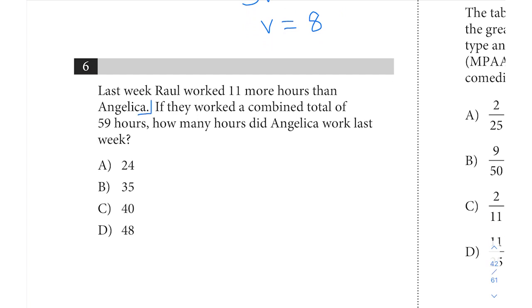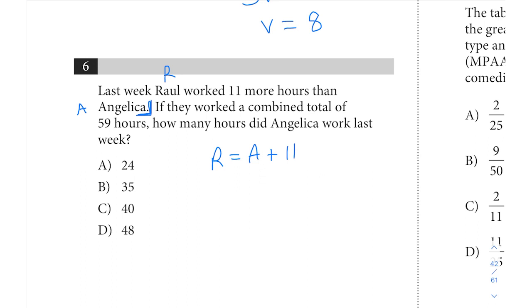All right, let's take a look at number 6. It says, last week Raul worked 11 more hours than Angelica. So here we can use R and A for these variables just to make them representative. If you use X and Y for everything, sometimes it's hard to tell what's what. So R is 11 more than A. So that would be like saying A plus 11.